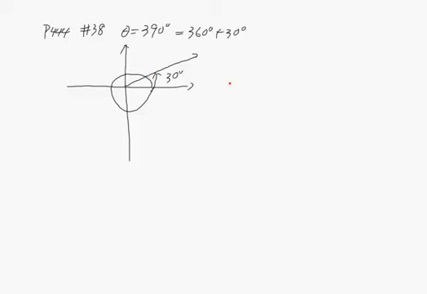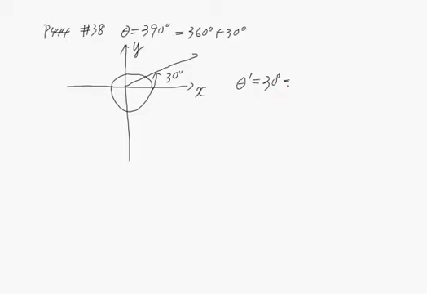Now tell me, what is the reference angle of theta? 30 degrees, right? It's formed by the terminal side of this angle and the positive x-axis. So it's 30 degrees.